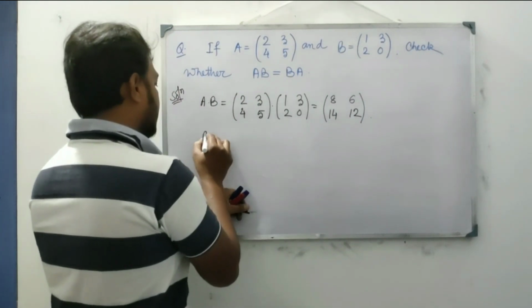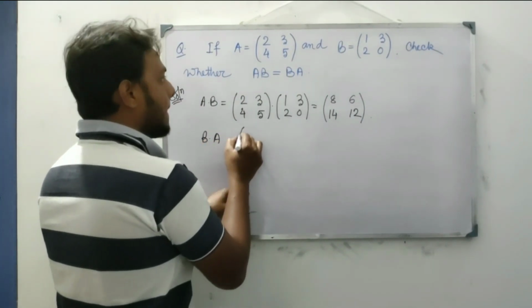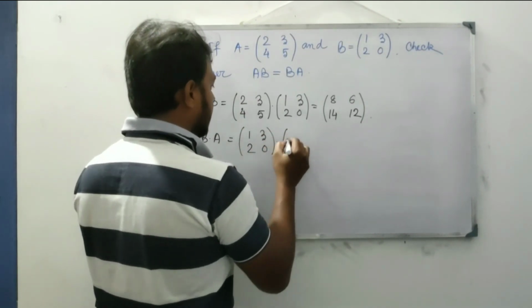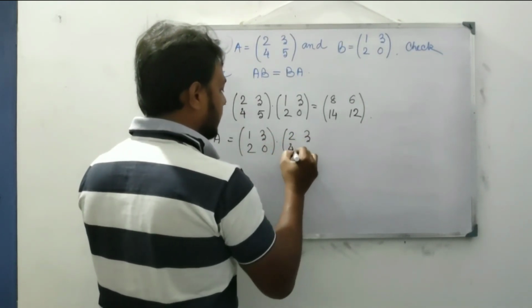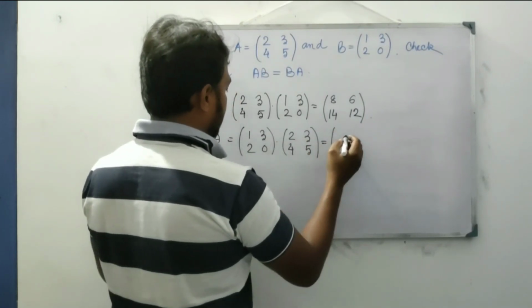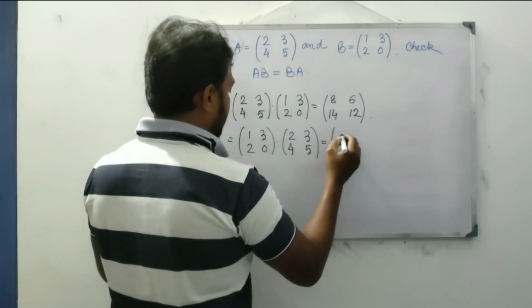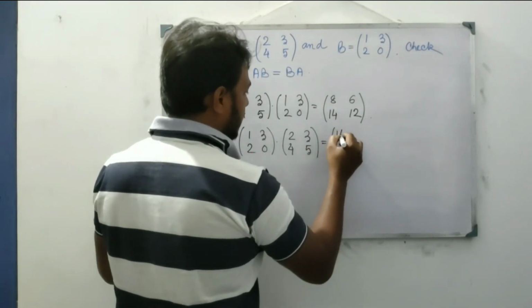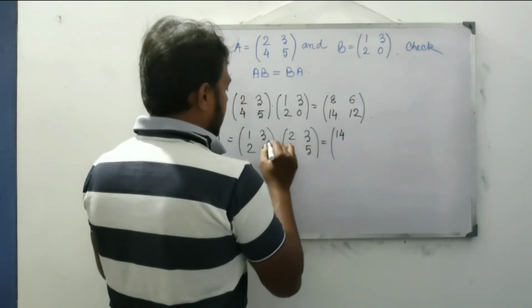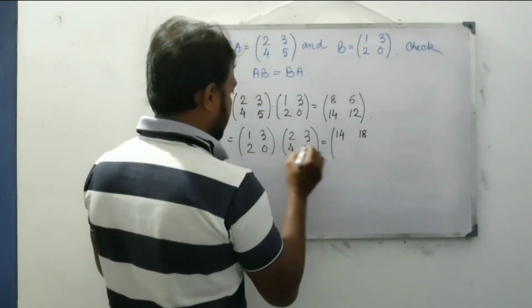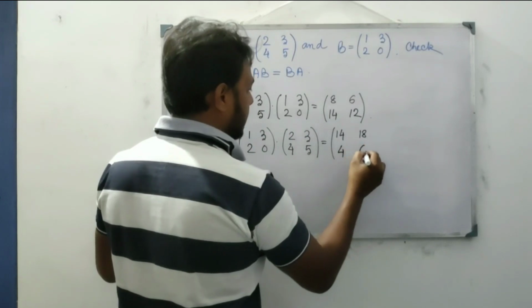Okay, and BA equals 1, 3, 2, 0 dot 2, 3, 4, 5. If we multiply these two, then it will be 2, 3 4s are 12, 12 plus 2, 14, 3 and 15, 15 plus 3 is 18, 4 and 6.